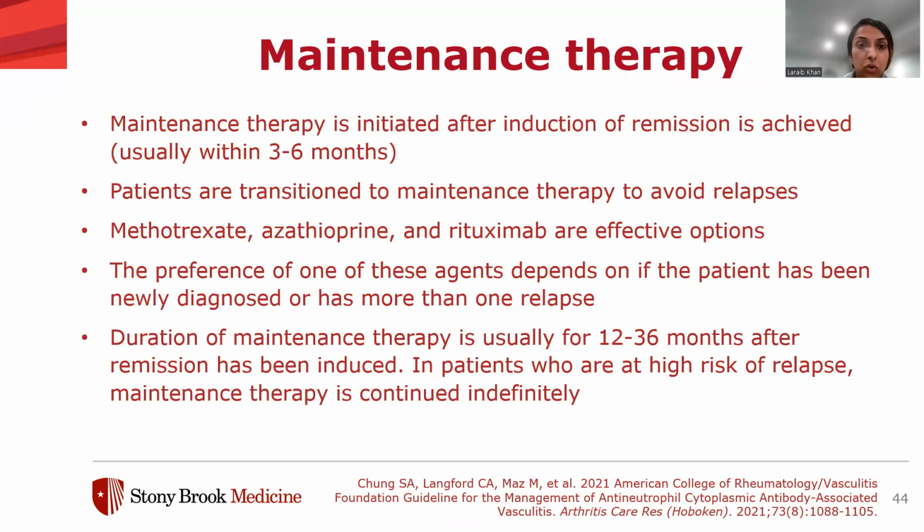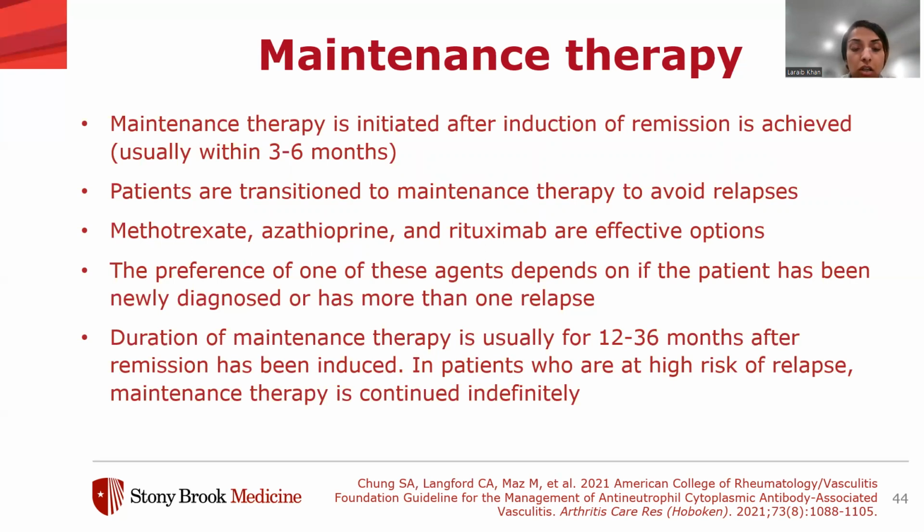Effective options for maintenance therapy are methotrexate, azathioprine, and rituximab. The duration of maintenance therapy usually has to do with the patient. It could be 12 to 36 months, or even longer or indefinitely in patients who are at high risk of relapse. Other factors that influence the choice of the maintenance agent include a prior history of toxicity or comorbidity that increases the risk of toxicity to a particular agent.